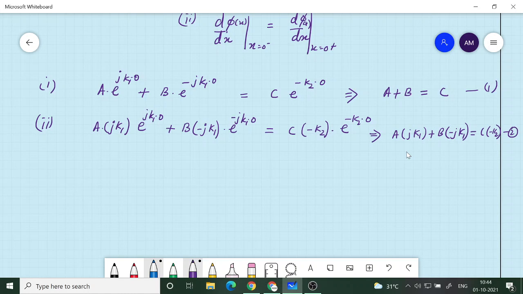So I can solve equation 1 and equation 2. I will divide equation 1 with a, and then I get 1 plus b by a is equal to c by a.